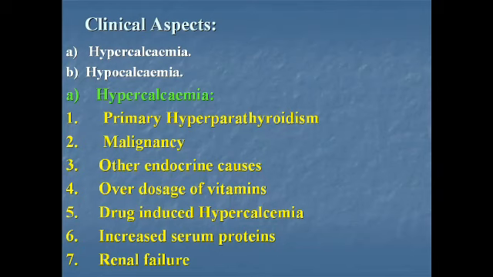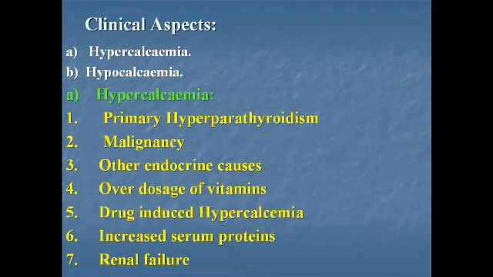Familial hyperparathyroidism is associated with hyperplasia, tumors, solitary adenoma, multiple adenoma, and parathyroid carcinoma. And ectopic hyperparathyroidism is associated with multiple endocrine neoplasia type 1, which is associated with pituitary and pancreatic carcinoma, and multiple endocrine neoplasia type 2, which is associated with medullary carcinoma of thyroid.